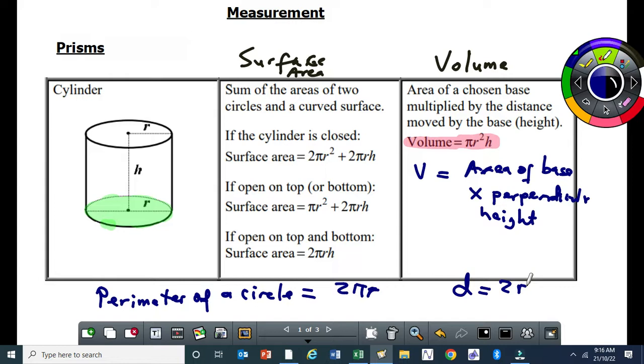And then the height becomes the length. Are you following that? So, if I want to calculate the surface area of the cylinder, I'll start with the perimeter, which is 2 pi r, and that perimeter is my breadth, or you can call it your length if you want. Then the height becomes your length or your breadth, so this becomes 2 pi r h.